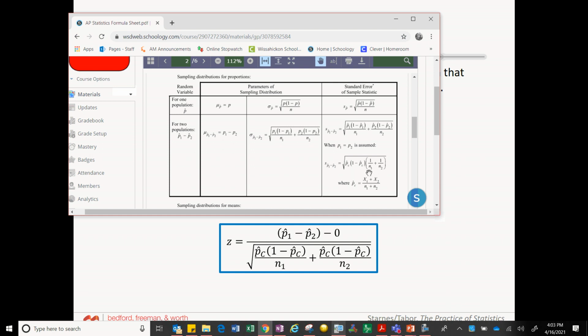If P1 and P2 are equal, you can think of factoring out this numerator here, and this formula for standard error is the same thing as this here. So you could just sub this in for the denominator there. Or you can use this formula, but you don't want to use P hat 1 and P hat 2. You want to use P hat combined for both. So that's how you would build that formula. All right.